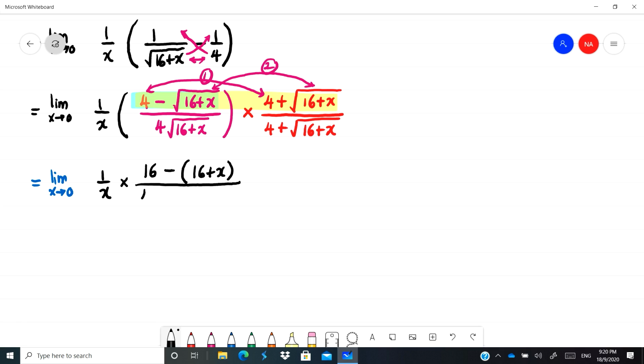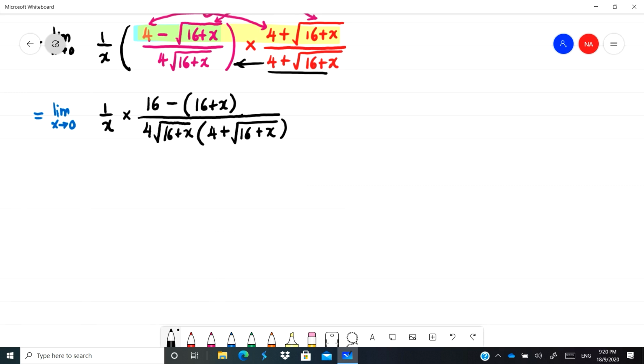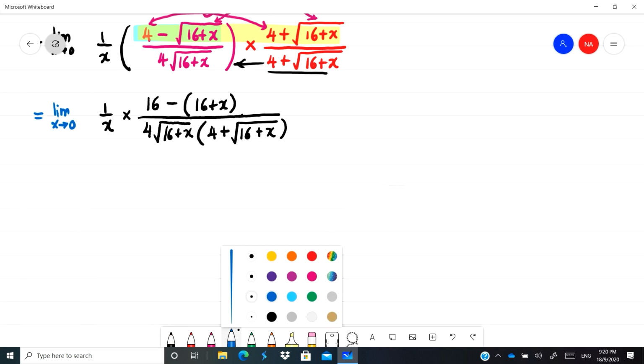Don't worry, do it slowly. Then 4 times the square root of 16 plus x, and this part will be written here in brackets: 4 plus the square root of 16 plus x. When you simplify this, you will have this term.